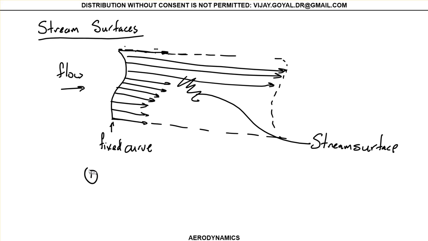So a couple of things we can talk about stream surfaces. It is a surface. It's a surface everywhere tangent to the velocity vector.